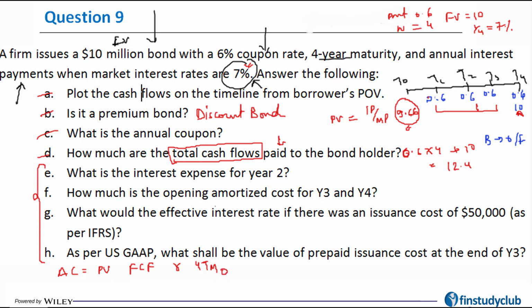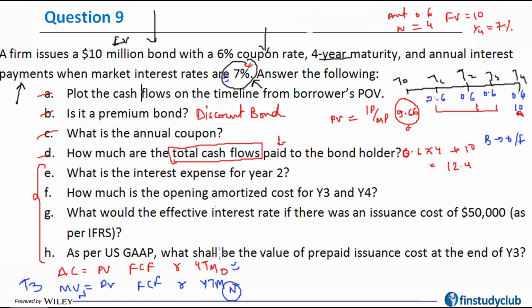At the same time, your market value is also the present value of future cash flows, but discounted at the YTM of that particular time. So if I have to calculate the amortized cost at T3, I'm still going to follow the original YTM, which in this case is 7%.